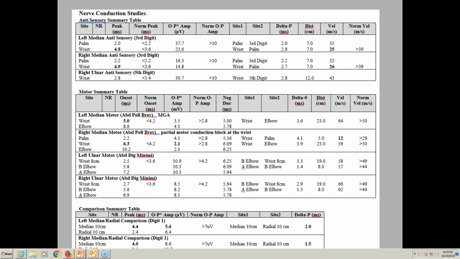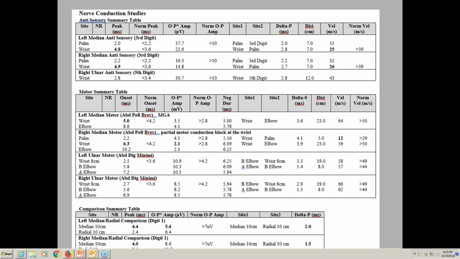I'm also okay with the bilateral median motor distal latencies are delayed across the wrist (right greater than left), with partial motor conduction block at the right wrist. Bilateral ulnar motor nerve conductions within normal limits. Bilateral superficial radial nerve conductions within normal limits. Good. So a few sentences to hit the highlights of how your data presents.